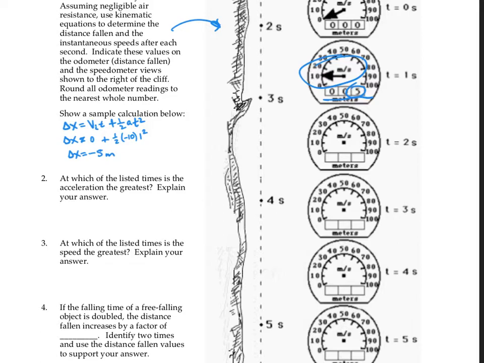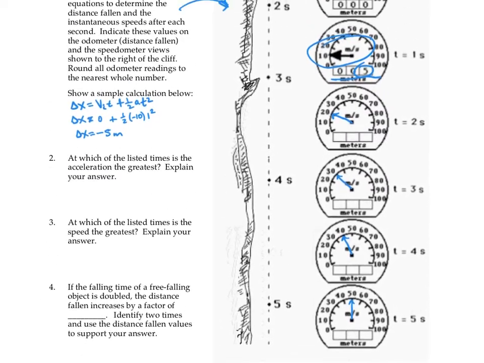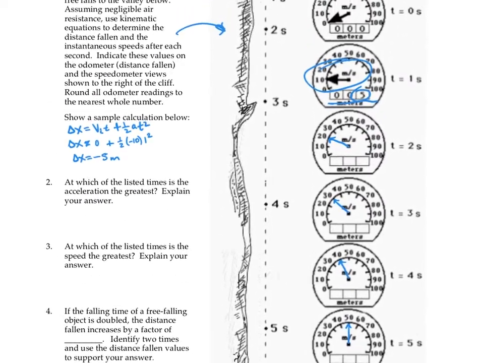So my speed would then be 20 after 2 seconds. Same thing for 3. Add negative 10 again, my velocity now is negative 30, so my speed is going to be 30. Do we see the pattern? It's just going to increase by 10 every single second, and it goes down to 5 seconds. So the speed increases by 10.